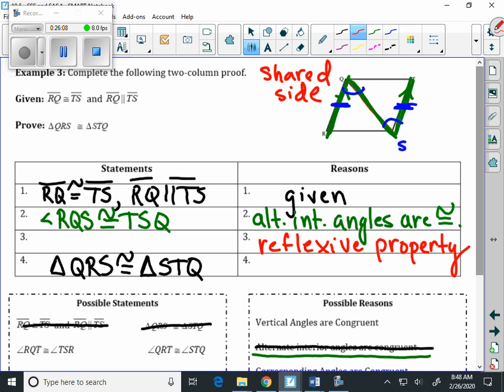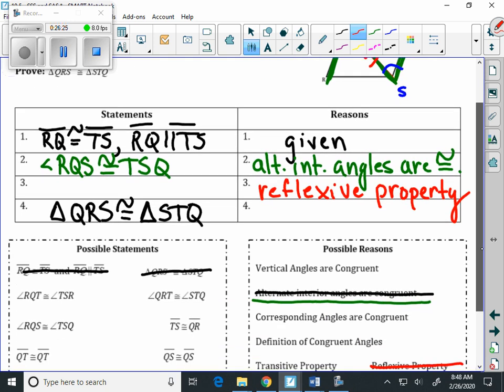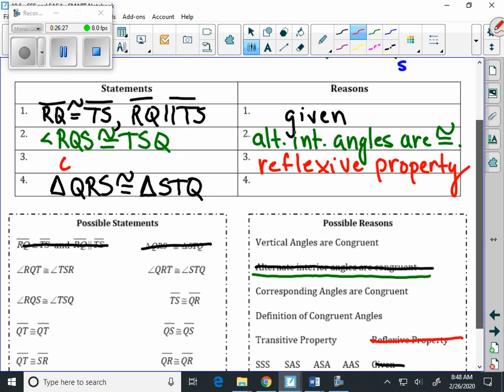But the next part then is going to be the reflexive property. That's the shared side. So if we can recognize that we're working with shared sides, we can put those marks on there, and we can say that QS is congruent to QS.